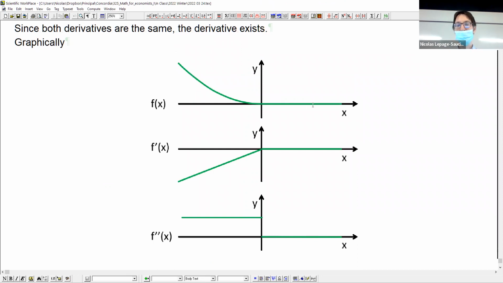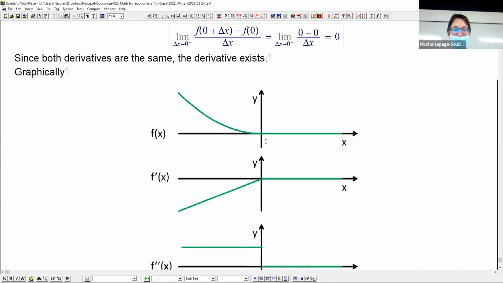This is perfectly continuous because it's defined everywhere, and I don't have to lift my pencil to draw it. And as you can see, when I'm at 0, there's no ambiguity, the derivative is 0. If I were to evaluate it from this side, it would go to 0, and from this side, it would go to 0. But now we're going to look at the higher order derivatives.